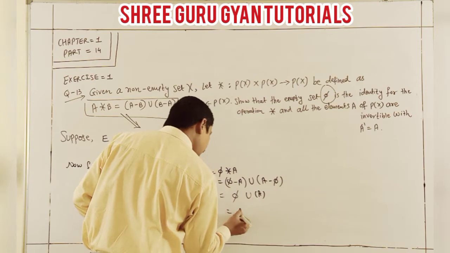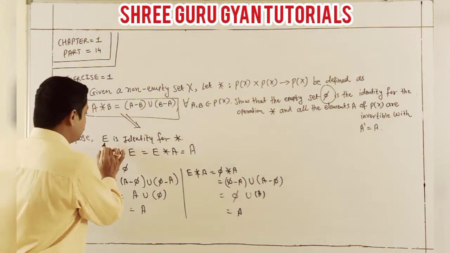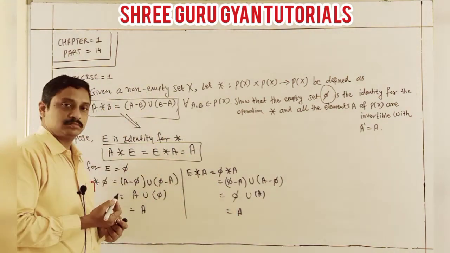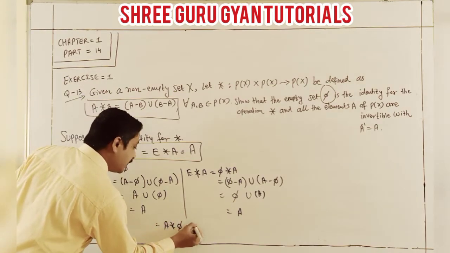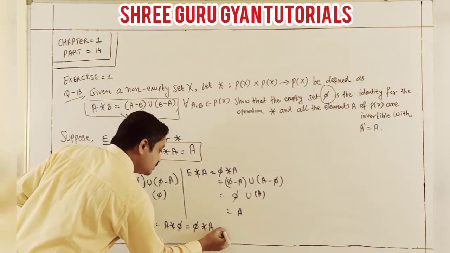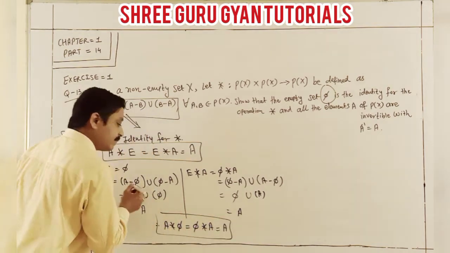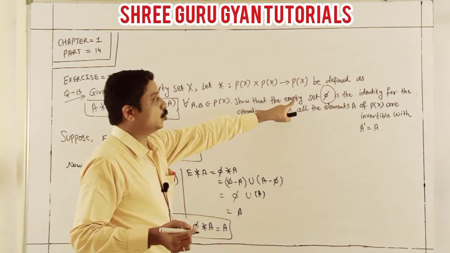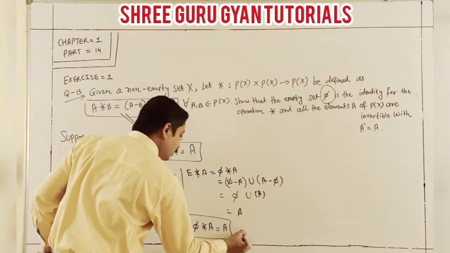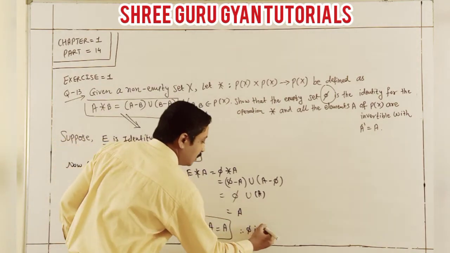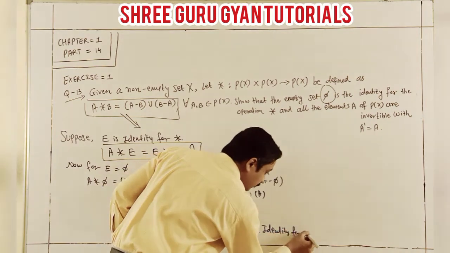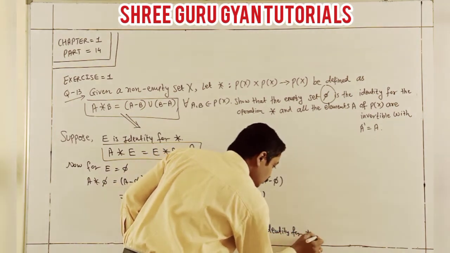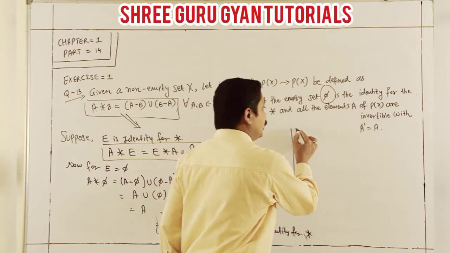A. In both cases this property is proved. That's why A binary null set and null set binary A are both A. Therefore this is proved. Therefore, null set is our identity for the given binary.